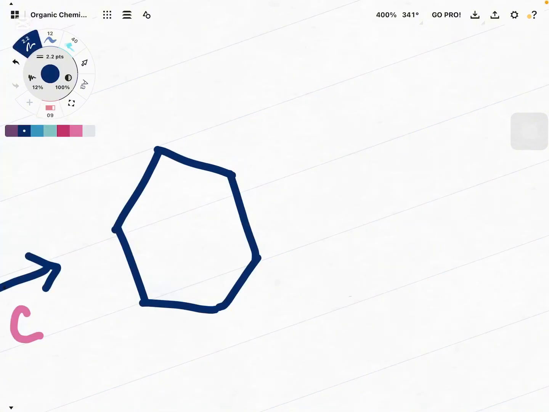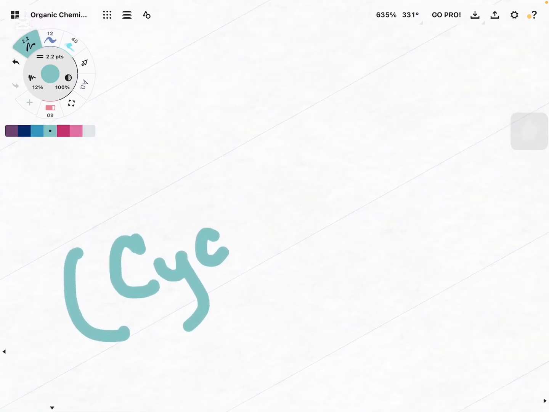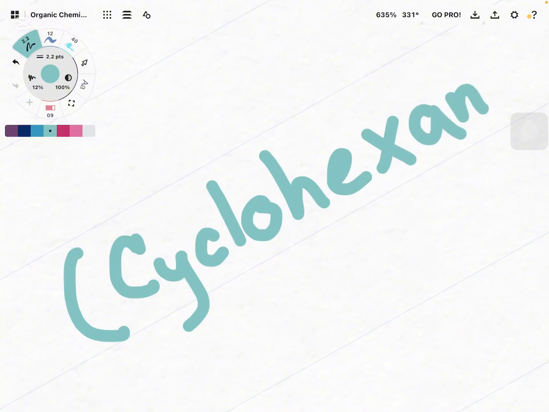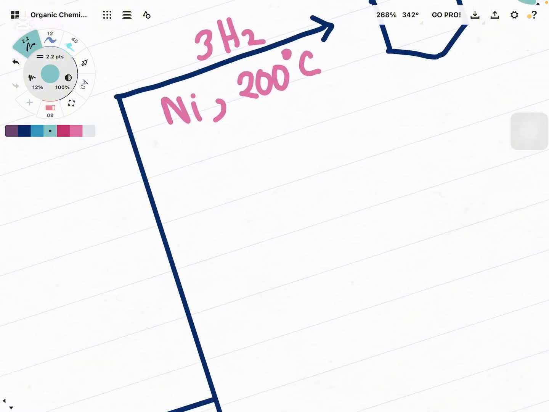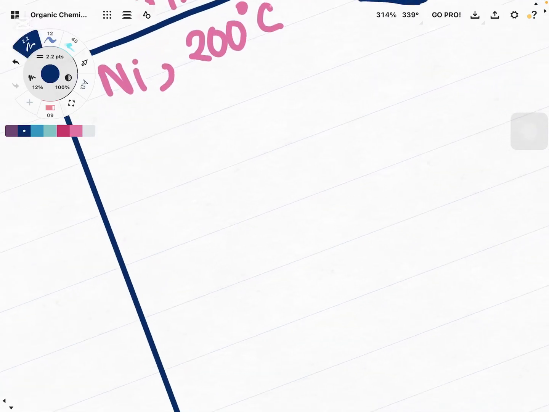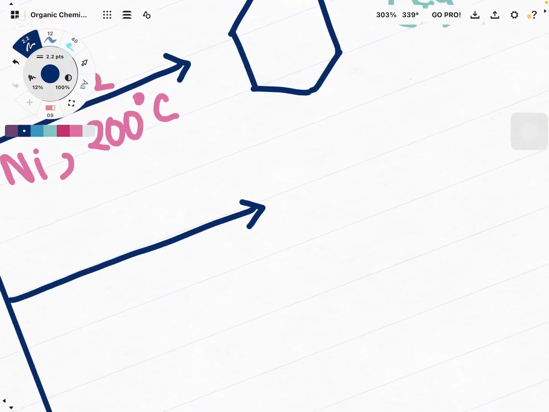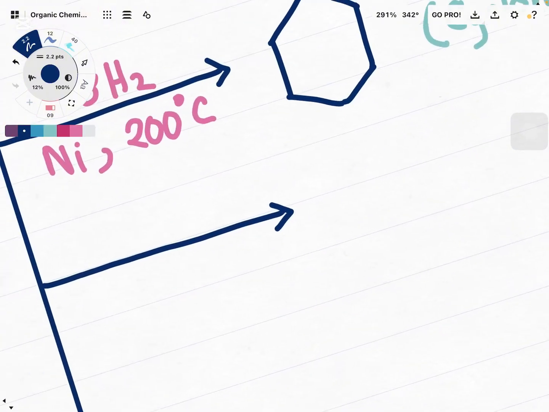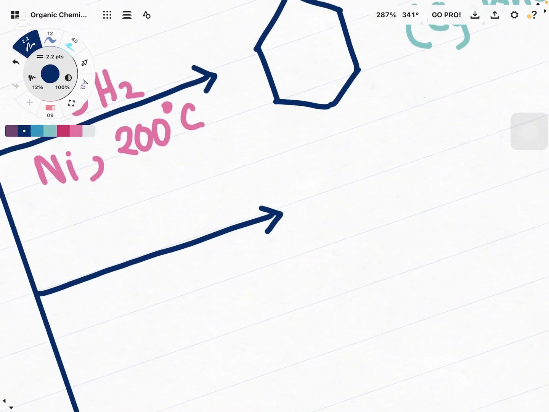Okay, so I'm going to put the name beside it, cyclohexane. That's it. So now we are going to our second reaction, which will be to make ethanediol, or known as glyoxal.